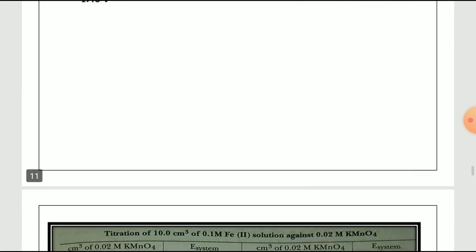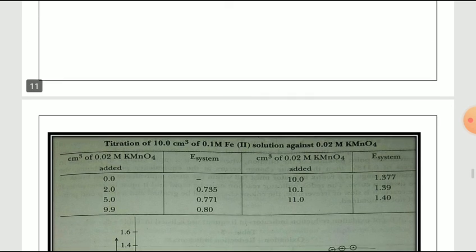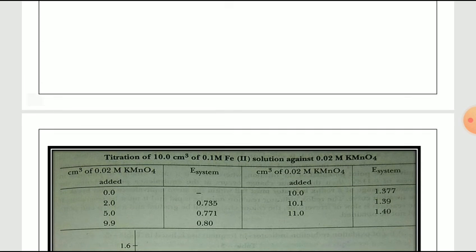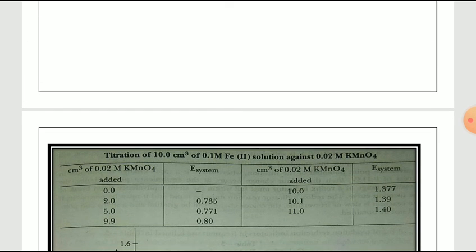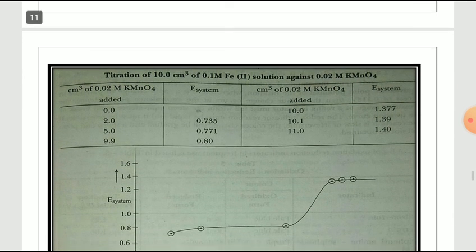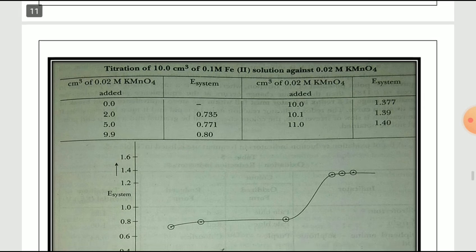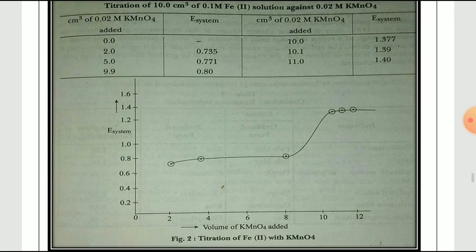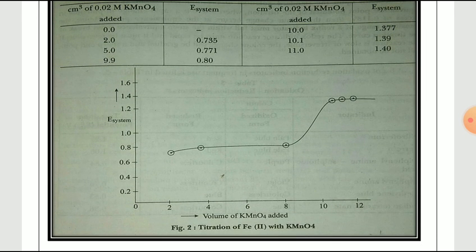So we have seen three values that I have listed in the table. Now we will see the table. See, this is the table. In this table I have taken only three values. With the help of these three values, I have plotted the titration curve on this page.